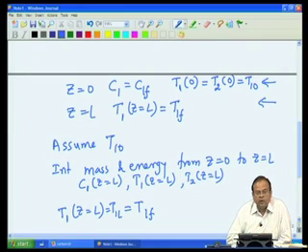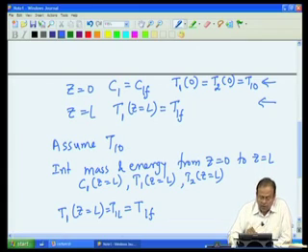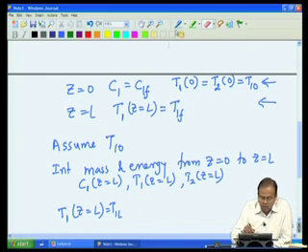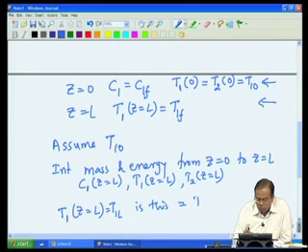Now, how do I know that it will definitely match? That will depend upon how good your guess of T10 is. In other words, after integrating I will check this particular value: is this equal to T1F?